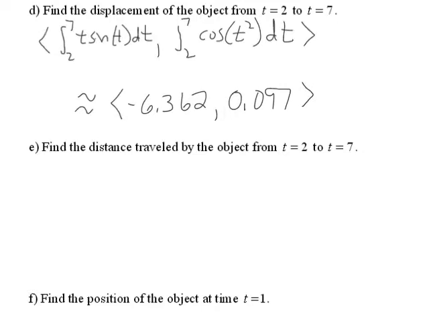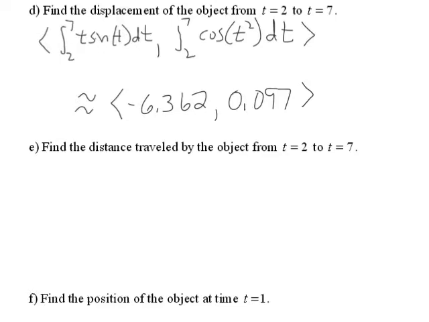So what that means is from time 2 to time 7, the particle moved left 6.3 units and moved up approximately 0.09 units. So to the left and up.